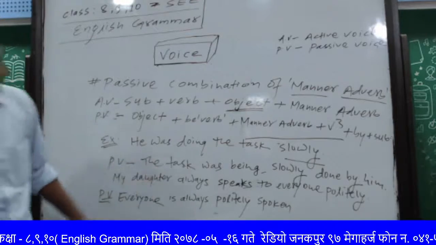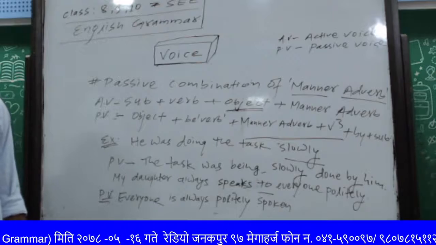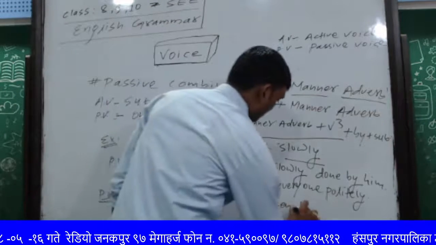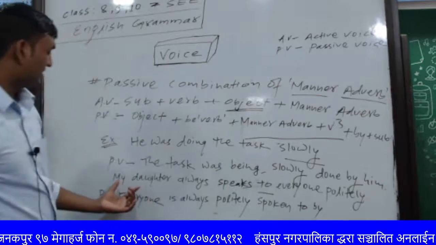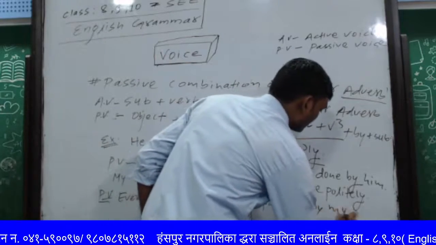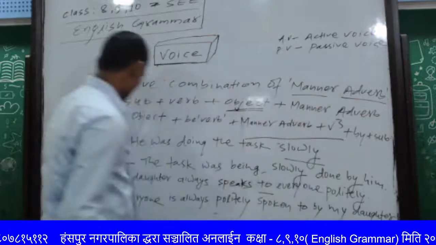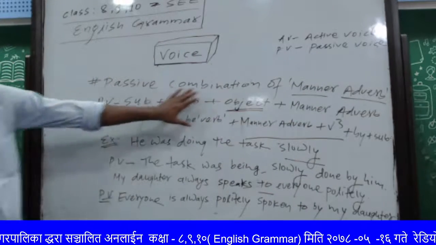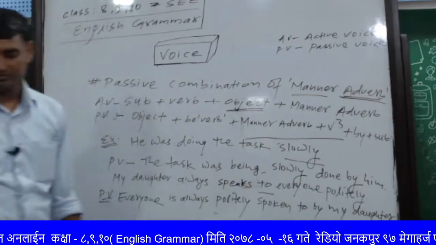After V3 there is a preposition here, to. Then another preposition by, and the subject is my daughter. In this way we can change the passive combination of manner adverb.